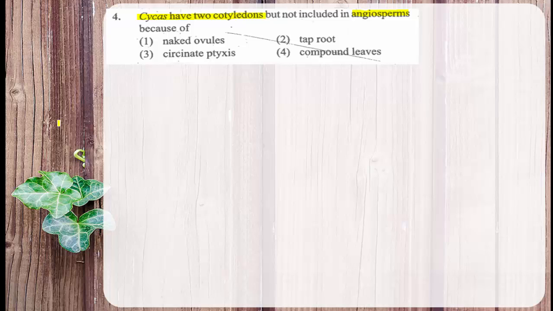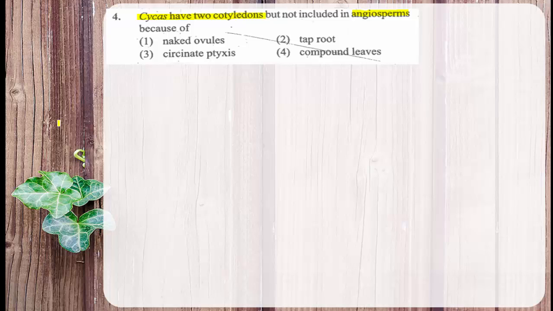But seed production started in the gymnosperms, and it is much more evolved in angiosperms. So the gymnosperms are also producing seeds, but the seeds are naked. That is why the gymnosperms are called naked seeded plants.